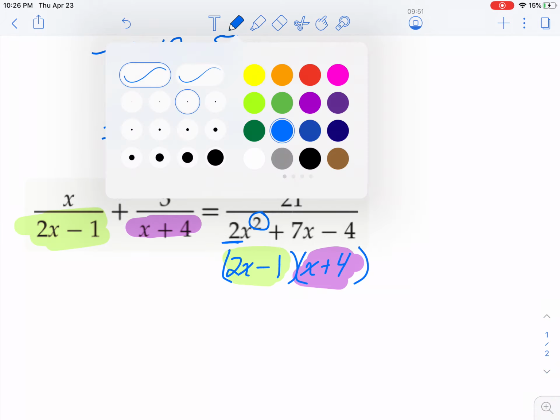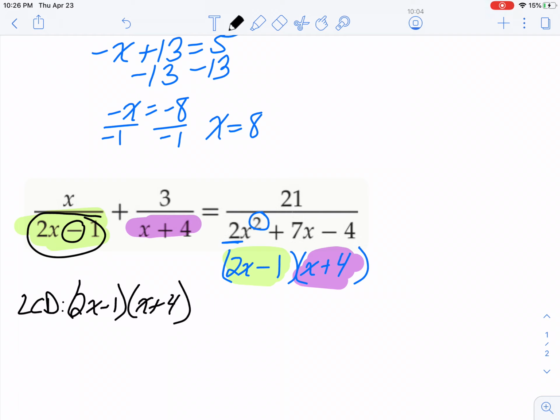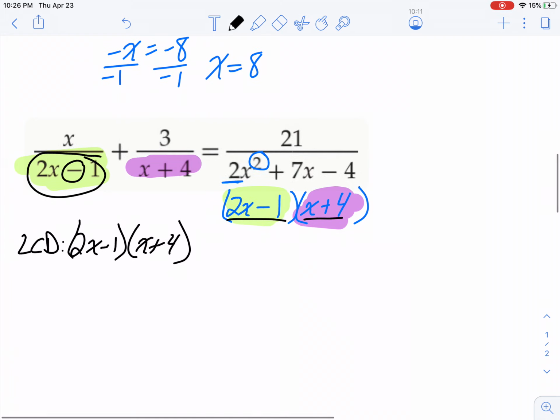So now I need to find my LCD, which is 2x minus 1. Again, minus sign in between means that this is a quantity. x plus 4, plus sign in between, so that's a quantity. And that covers my last fraction. 2x minus 1 is covered, x plus 4 is covered. So now I multiply everything out here.